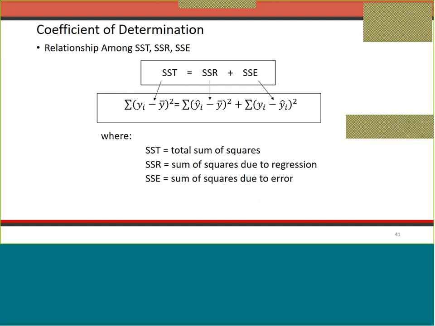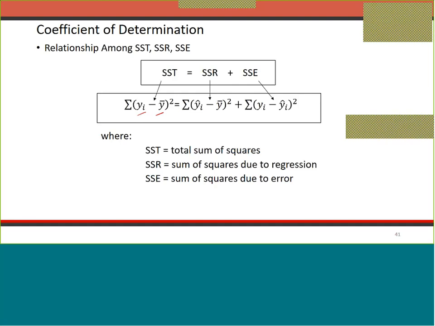So as usual, if you see here, yi is the observed value, y bar is the mean of y. So summing (yi minus y bar) whole square means sum of squares of deviations. So what are those deviations?